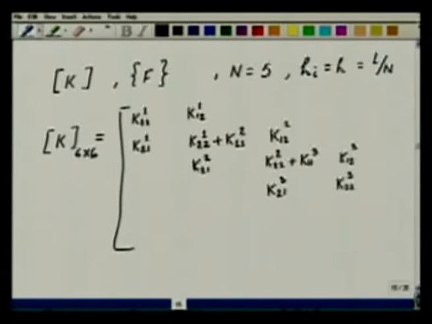This way I can keep on adding. So I will then add K11 of element 4, K12 of element 4, K21 of element 4, K22 of element 4, and so on.